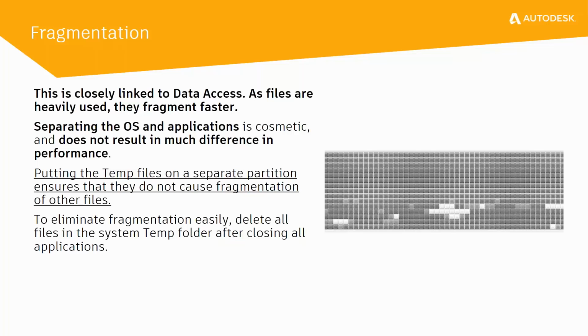So by separating the OS, your operating system, and applications, it's really just cosmetic and does not result in much difference in performance. So you're not going to see a significant enhancement in that instance. But putting the temp files on a separate partition ensures that they do not cause fragmentation to other files. And so again, another good reason for keeping your files on separate volumes.